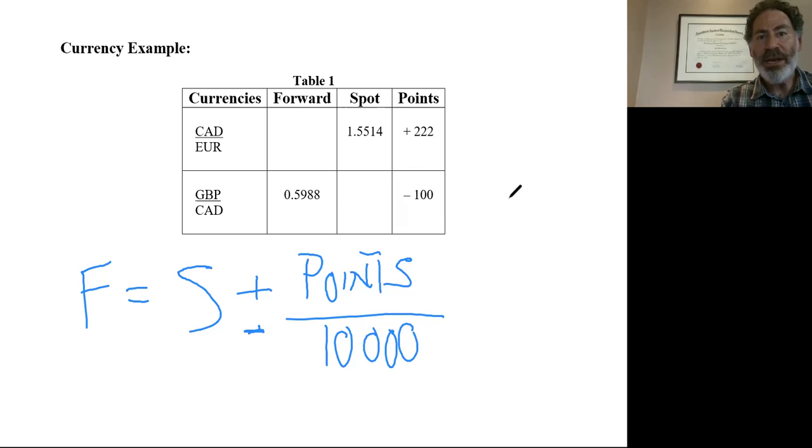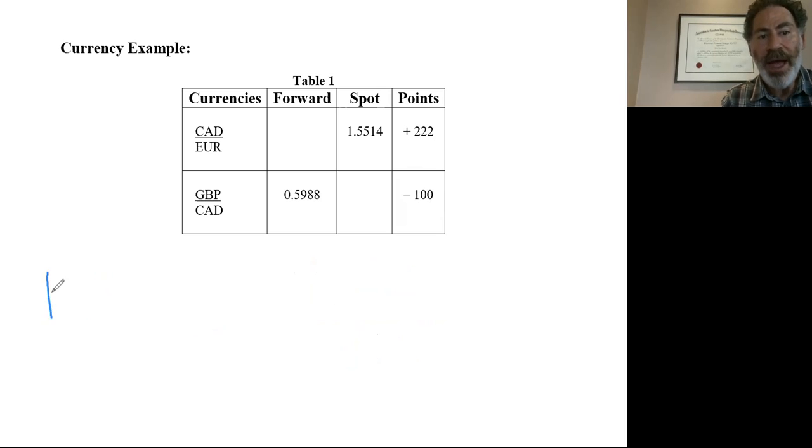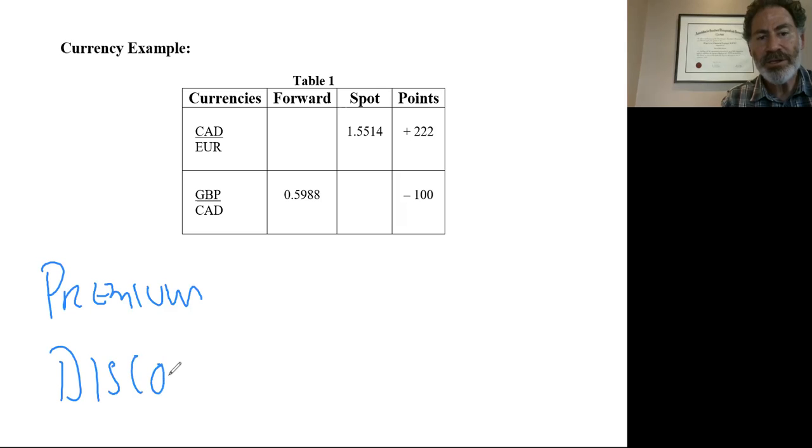Okay, so we know this relationship. Now the related topics that I think will be coming in terms of questions are related to premium and discount. The language that you may come across in a question is, which currency is trading at a forward premium or a forward discount?